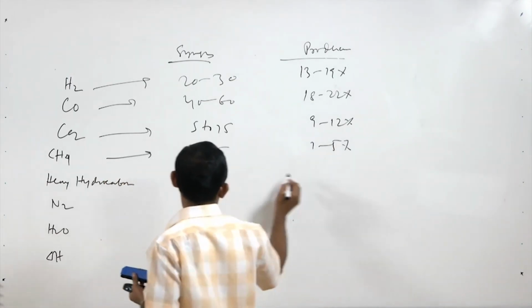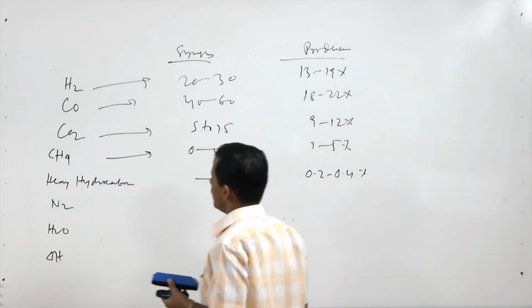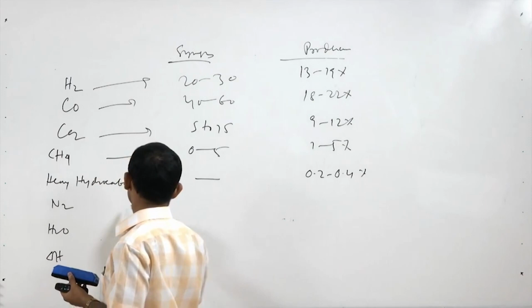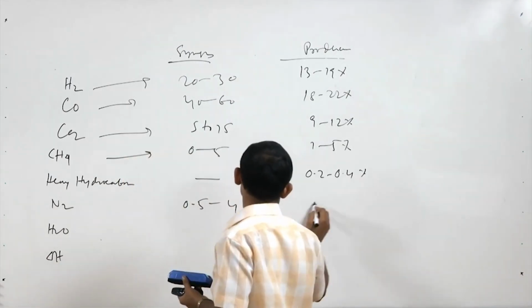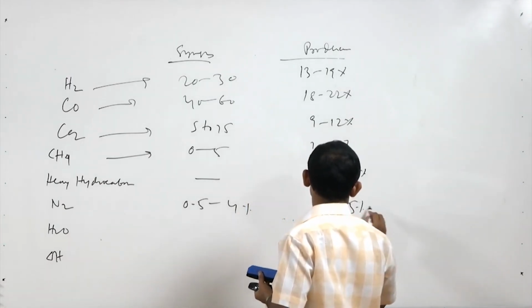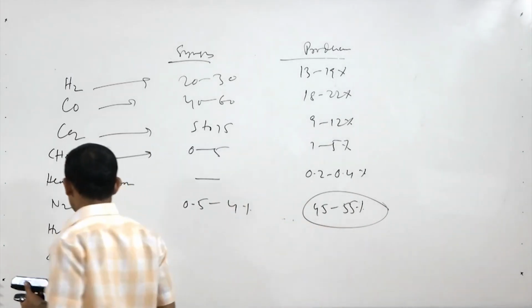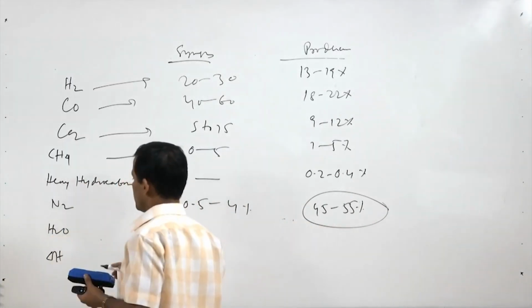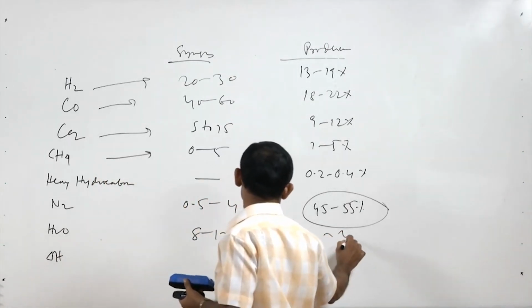Heavy hydrocarbon is 0.2 to 0.4. Nitrogen in syngas is very low, 0.5 to 4%, while in producer gas it is 45 to 55%. This nitrogen content is highly different. H2O is 8 to 12% and around 4%.